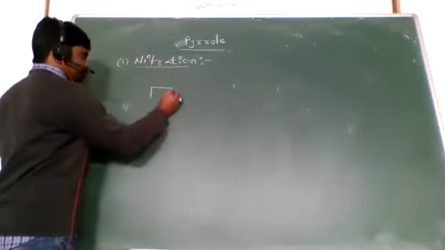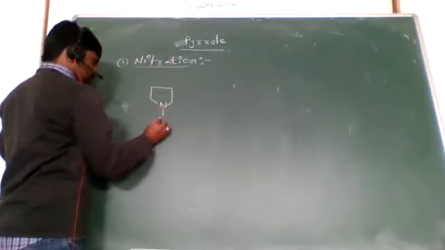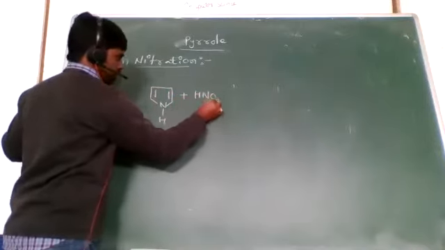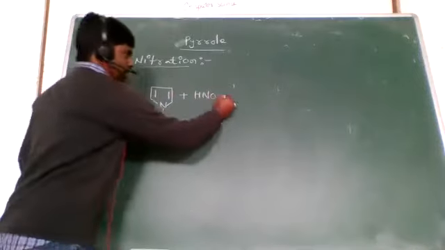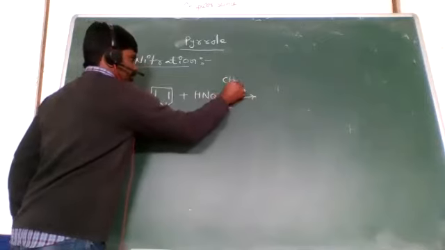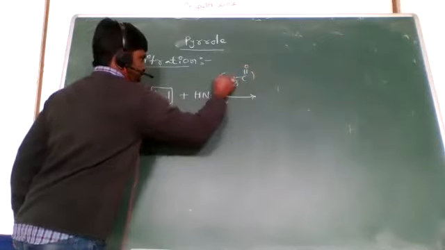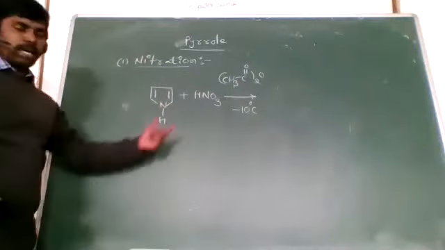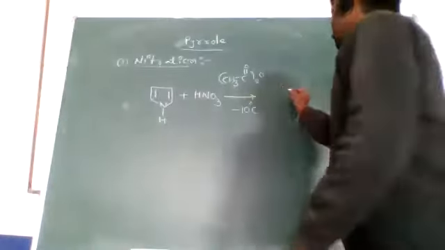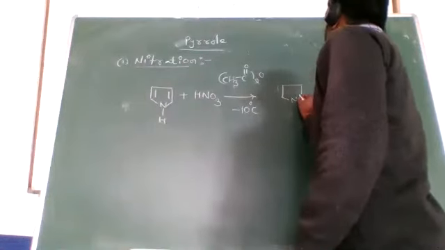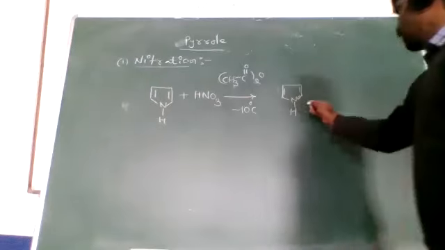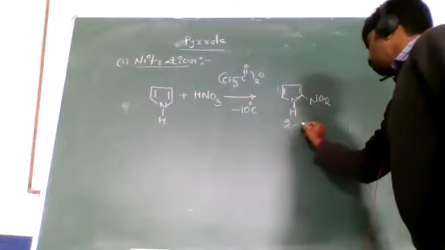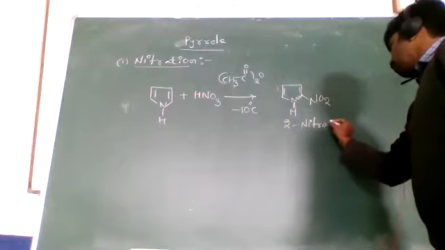When pyrrole is treated with nitric acid, HNO3, in the presence of acetic anhydride at minus 10 degrees Celsius, we form 2-nitropyrrole. So we get 2-nitropyrrole.